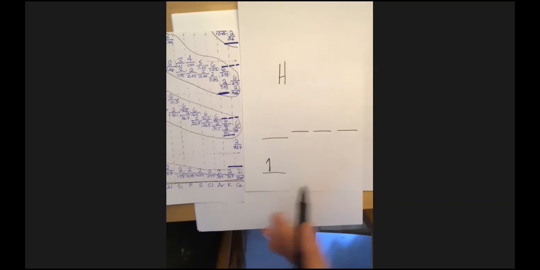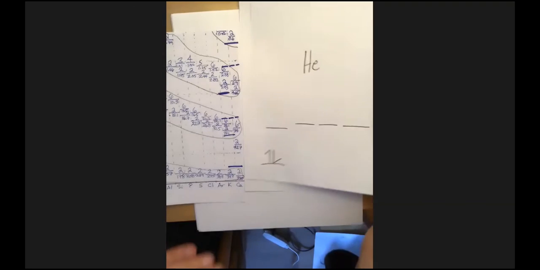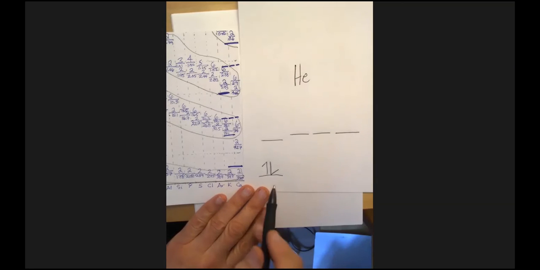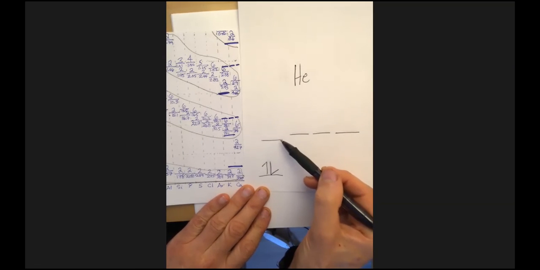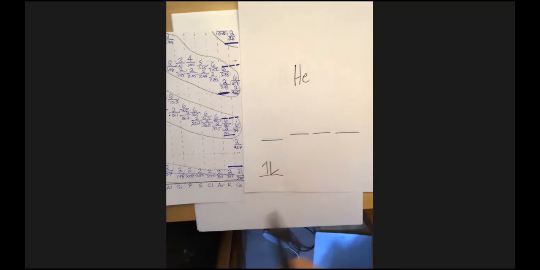And if I plunk down helium on top of it, here's helium with 2 electrons in the 1s and nothing in the 2s and nothing in the 2p. So that's helium.